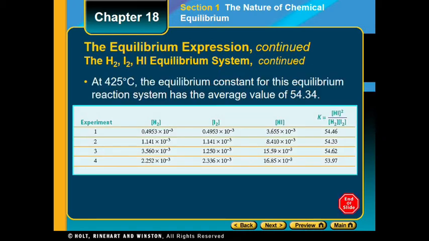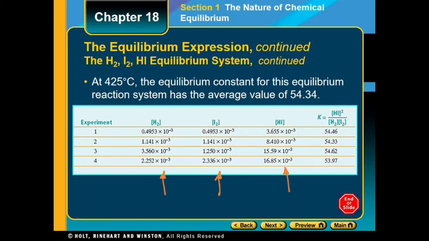Now we're going to look at some examples here. This goes with that system. You don't have to write this down, but it is just giving you an idea about the concentrations that you would have of your two reactants right here. So that's their molar concentration, or moles per liter. And then you have your product concentration right here.